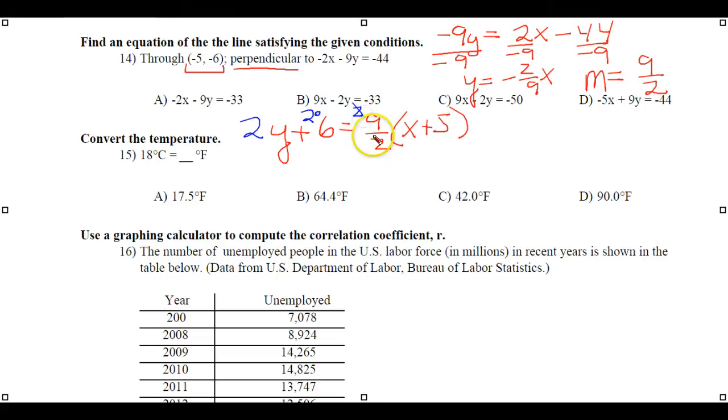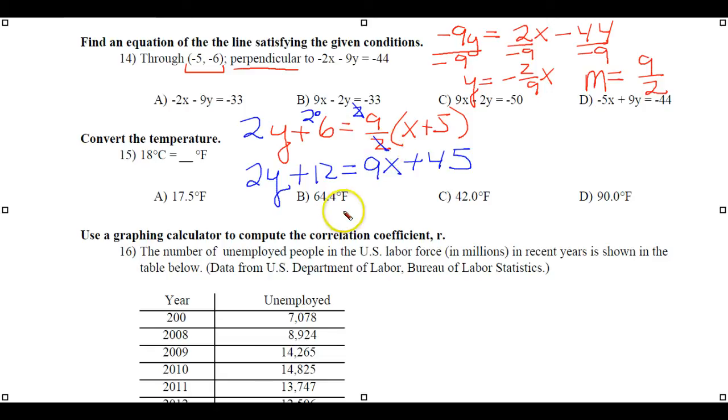Here the 2's just cancel out. So we have then 2y plus 12 equals 9x plus 45.